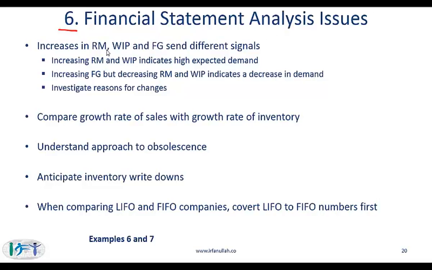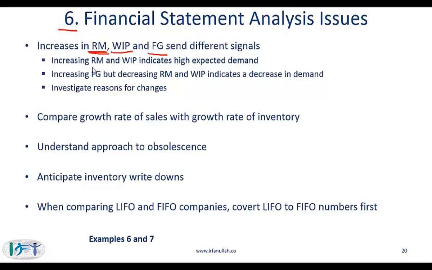In the context of inventories, companies are required to report in their footnotes the subcategories within inventory. So you will find information related to raw materials, work in process, and finished goods inventory. Now, increases or decreases in these components send different signals. Most of this is fairly logical, but I'll give you a few examples and scenarios.